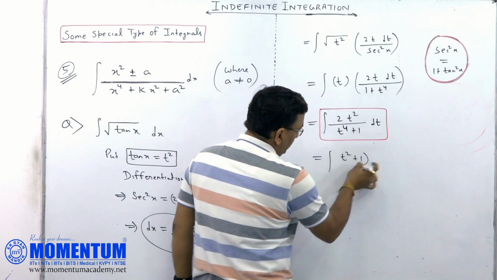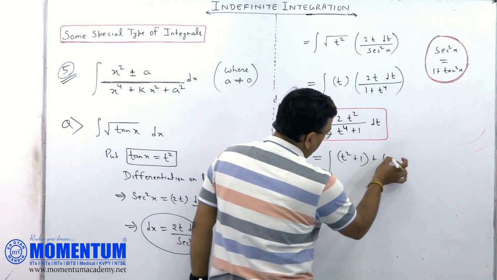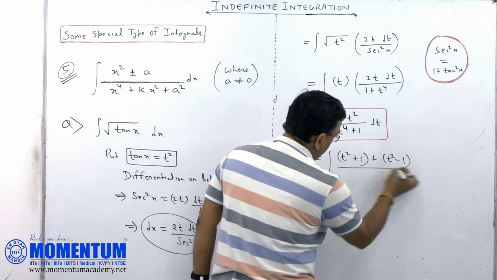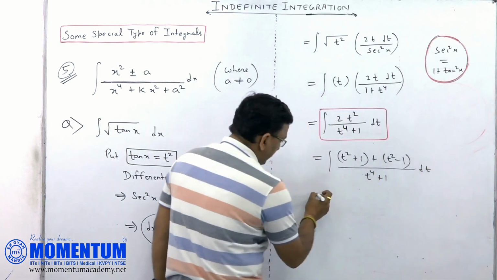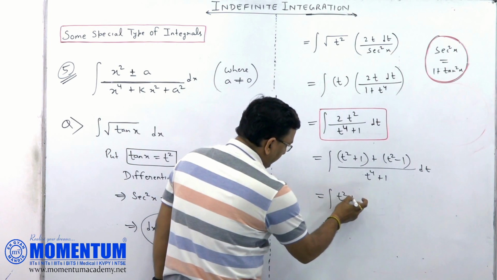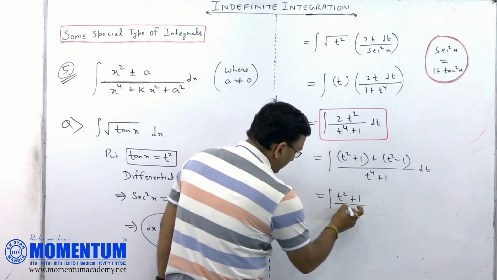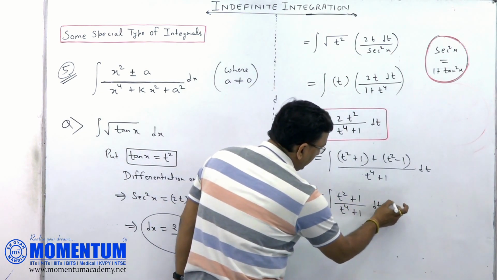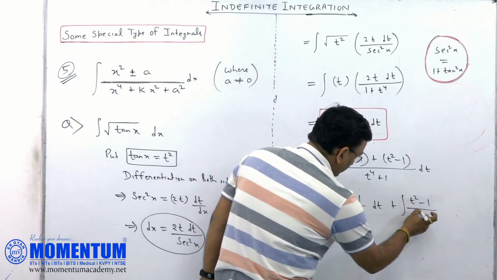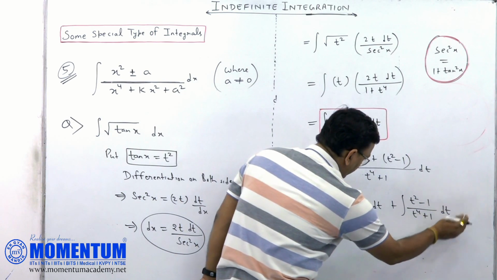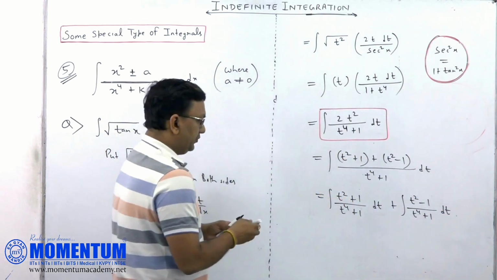if we write in this manner, t square plus 1, t square minus 1, then yes, we can have special integral number 5. Not one special integral number 5, two special integral number 5.